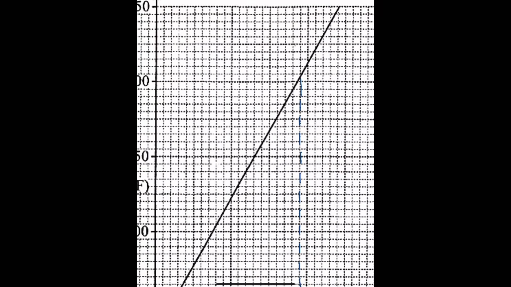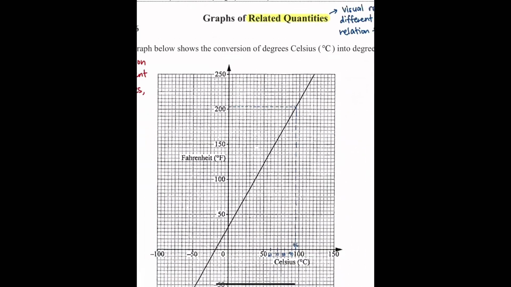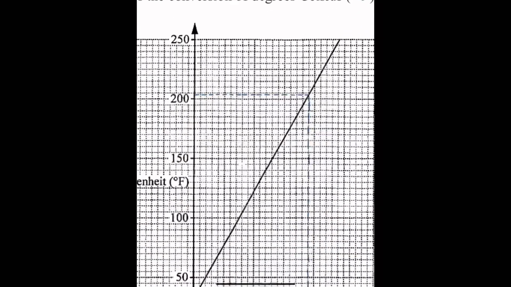Draw the dotted line up until I meet the line, and then to find the corresponding value for degrees Fahrenheit, likewise you draw a dotted line to the left till you meet the vertical axis. You can use your ruler and pencil to do so. If you notice, it's about here.